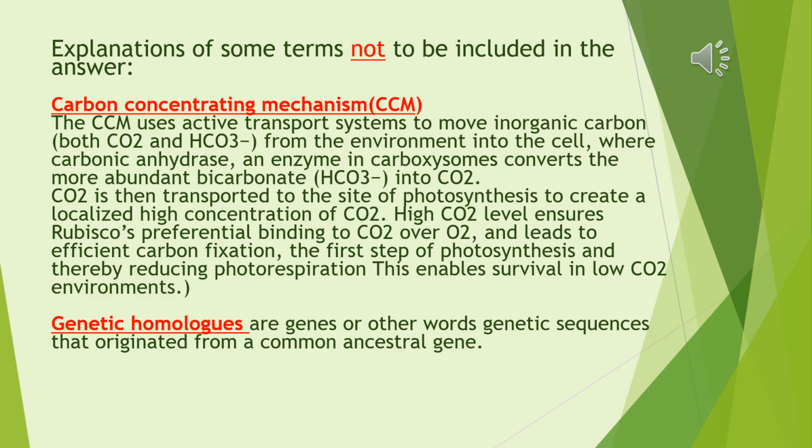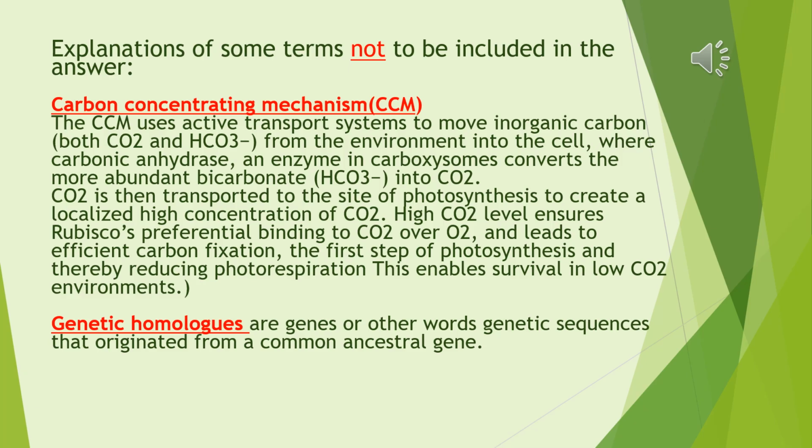To convert the more abundant bicarbonate into carbon dioxide or CO2. CO2 is then transported to the site of photosynthesis to create a localized high concentration of CO2. High CO2 concentration level ensures rubisco's preferential binding to CO2 over O2 and leads to efficient carbon fixation, the first step of photosynthesis, and thereby reducing photorespiration.